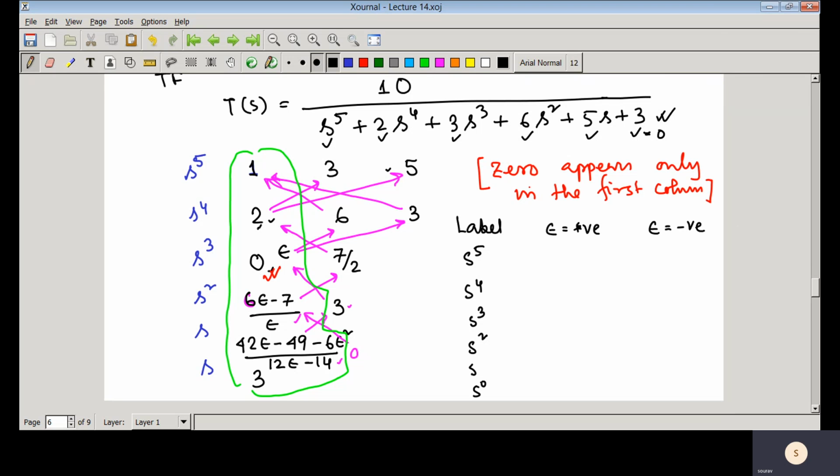Whenever epsilon is positive, the first is a positive number 1, then s^4 is again a positive number, and here this is positive, and whenever epsilon is a very small number, this would be 0, so that means it would be negative.